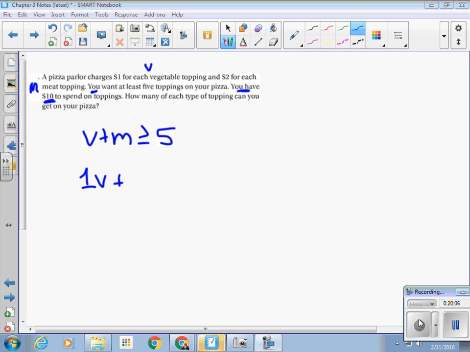Then it's going to be $2 for the meat toppings. So however many veggie toppings I get, times its price, plus however many meat toppings I get, times its price, is going to have to be less than or equal to $10, because I have no more than $10 to spend.